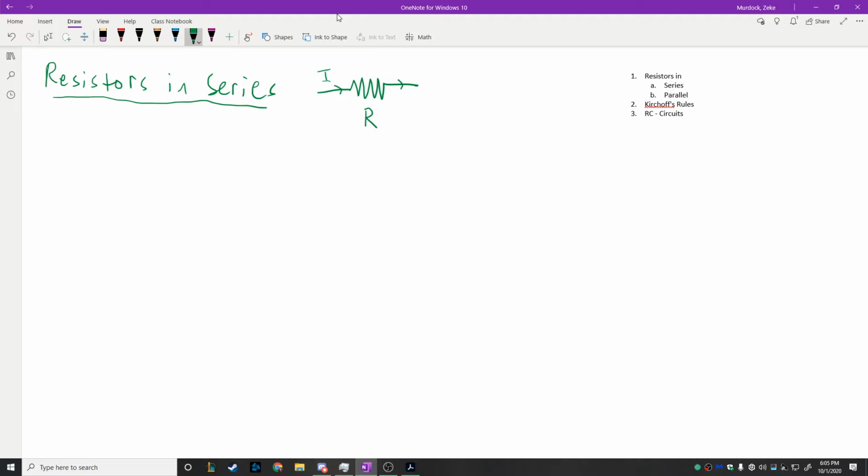Alright, so resistors in series. The idea here is that if I give you a circuit with a voltage source, delta V, connected up to two resistors, we call this one resistance 1 and this one resistance 2, and we connect them into a complete circuit like this.